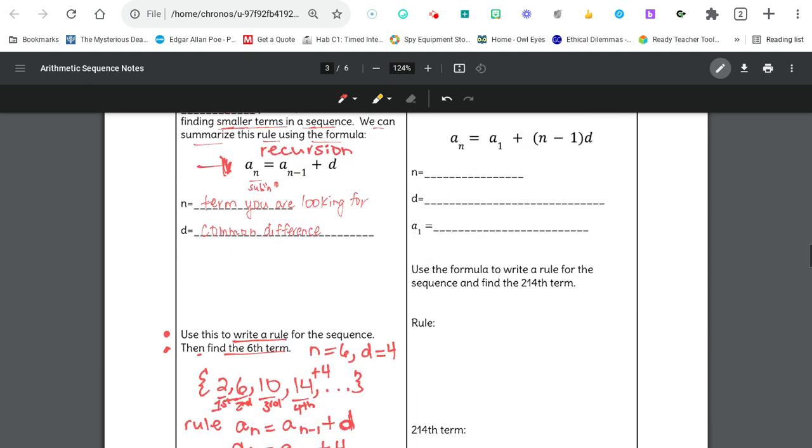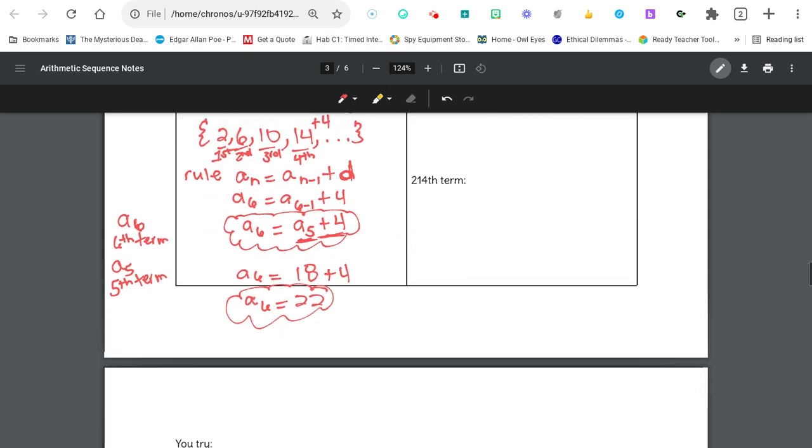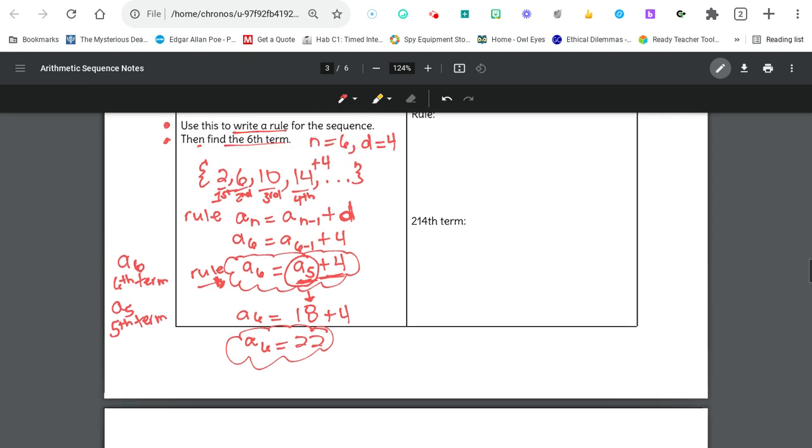You have to be able to write these things, know how to read them, and know how to evaluate them. Since your fifth term is 18, you replace a sub 5 with 18 and add 4 to it. It gives you your sixth term.